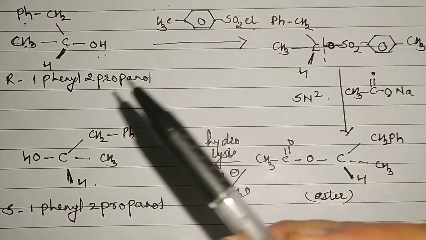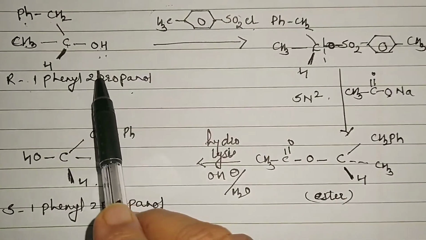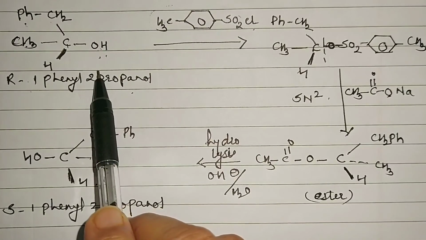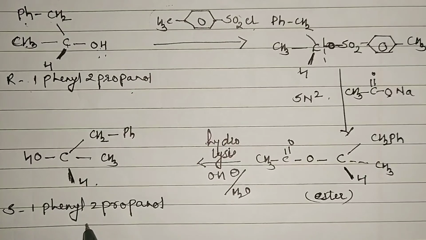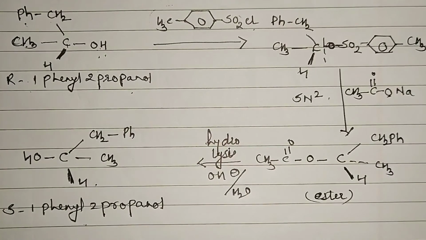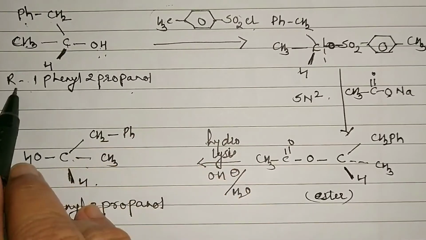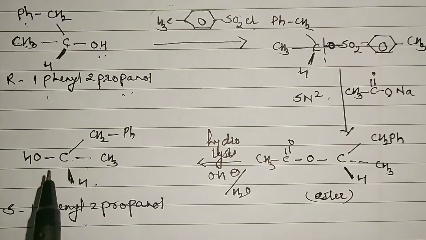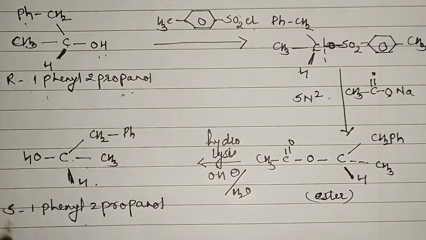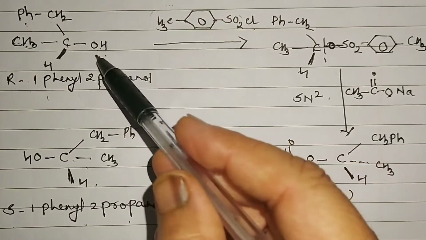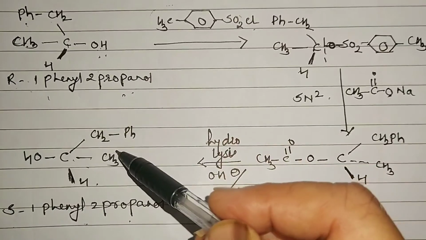By observing the starting material, that is the reactant or substrate, and the product, we see that these two compounds, R-1-phenyl-2-propanol and S-1-phenyl-2-propanol, are mirror images of each other.